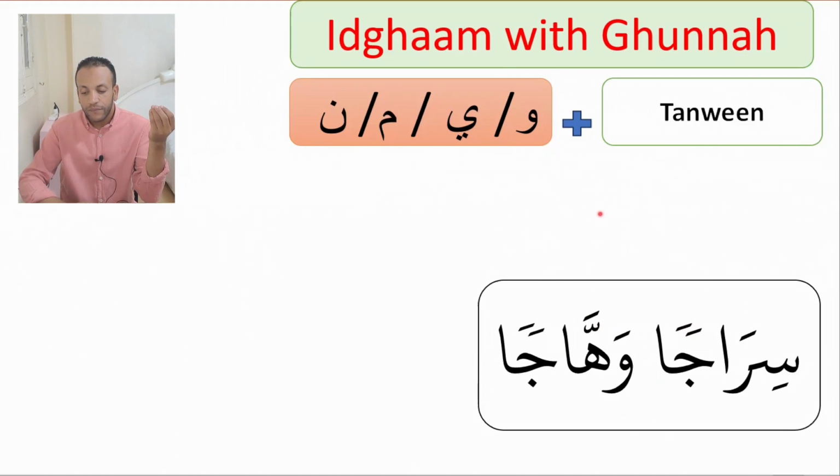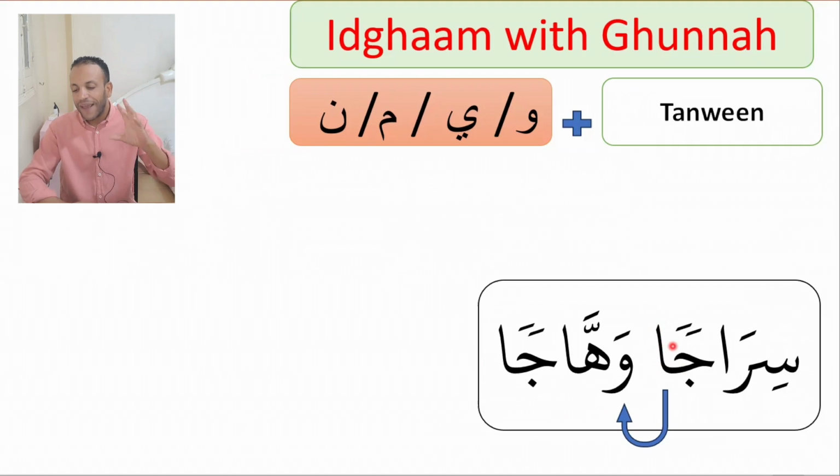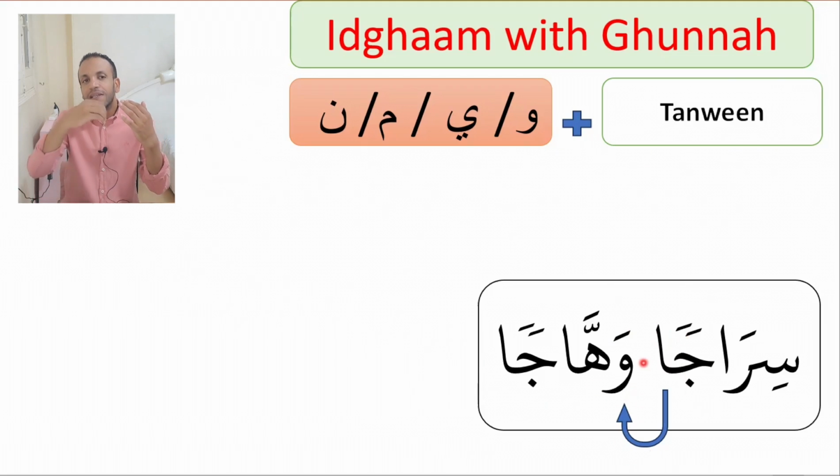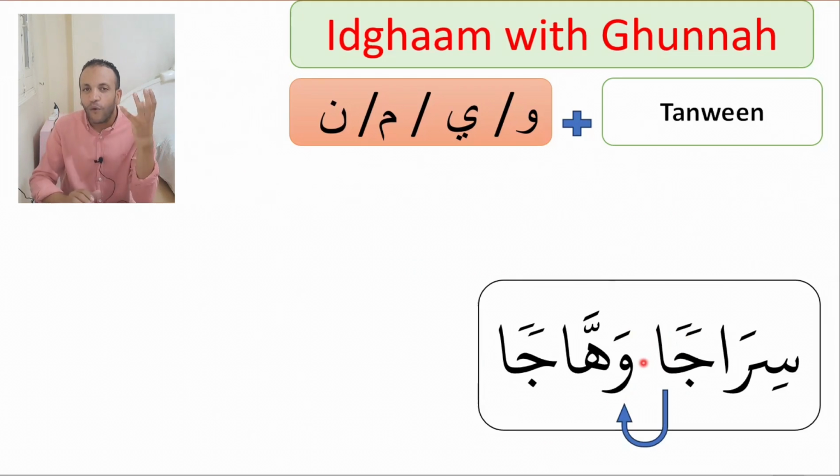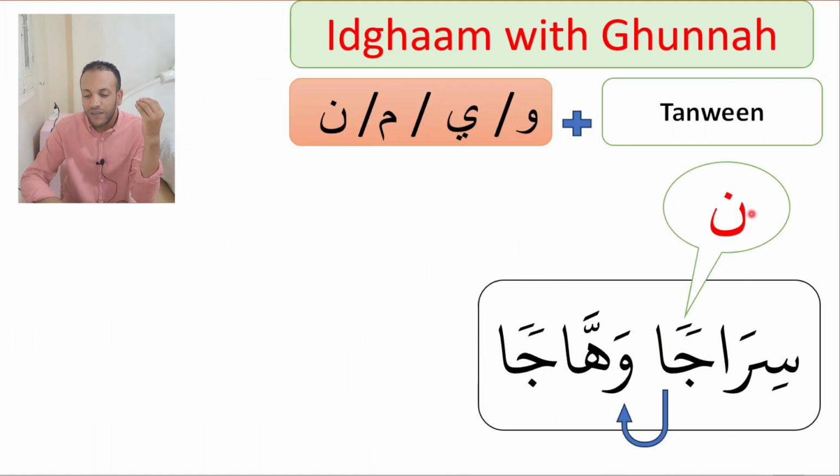What will you do? You will put the sound of Tanween. Here in this word, the last sound is Tanween. This letter here we can consider a part of the Tanween, but the last sound is Tanween. So you will change the Tanween, you will make it like the following letter. You will insert it in the following letter. Which sound? Tell me the sound. The consonant Noon.